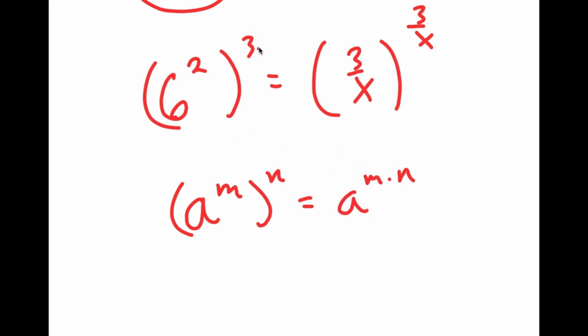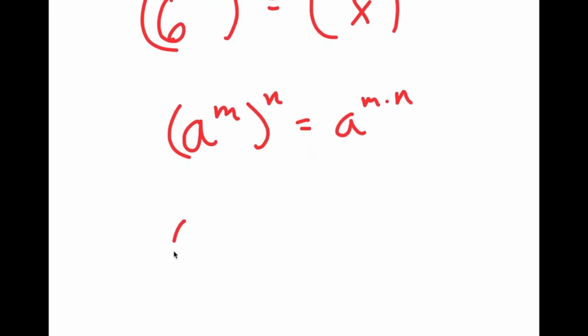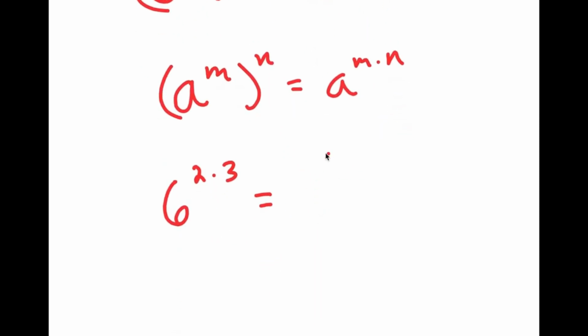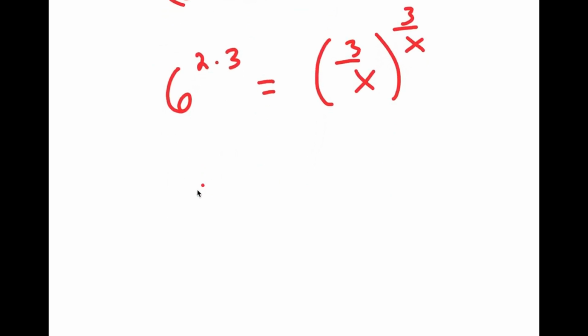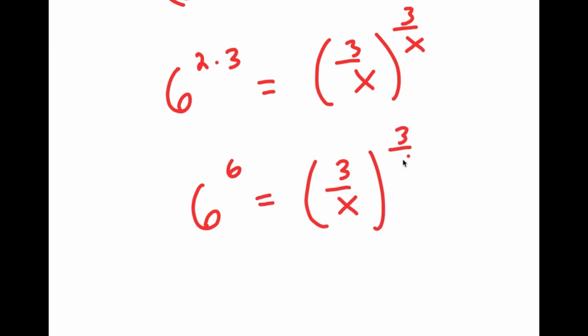So 6 to the power of 2 to the power of 3 is going to equal 6 to the power of 2 times 3. And 2 times 3 is 6, so I get 6 to the power of 6 is equal to 3 over x to the power of 3 over x.